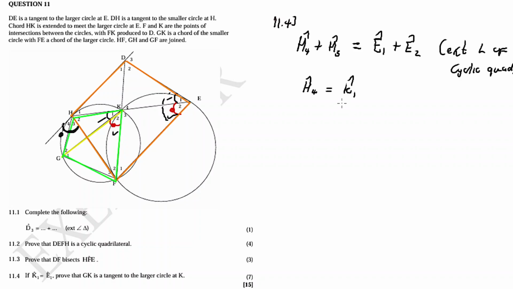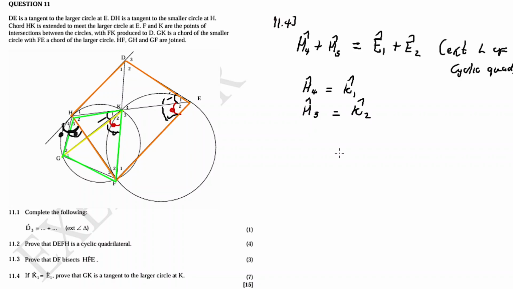So going back to the diagram, let me see. Okay, I need more information here. H3, this angle, is also equal to K2. Now we are going somewhere. H3 is also equal to K2.